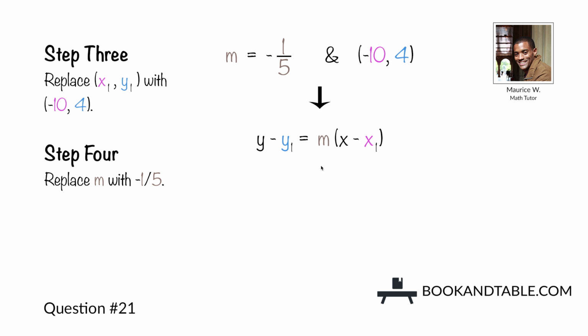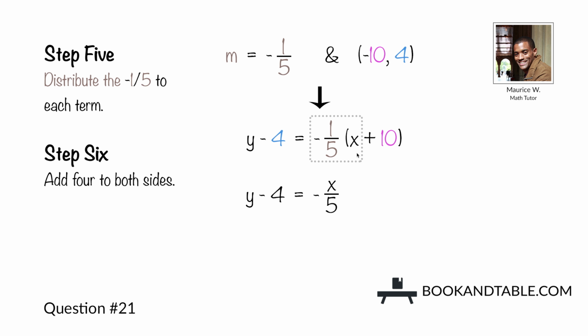So step 3, replace x1 with negative 10 and replace y1 with 4. And now step 4, replace m with negative 1/5. So now we have the information we need to figure out the equation of this line. Step 5, distribute the negative 1/5 to each term, the x and 10. 1 times x will give you x.